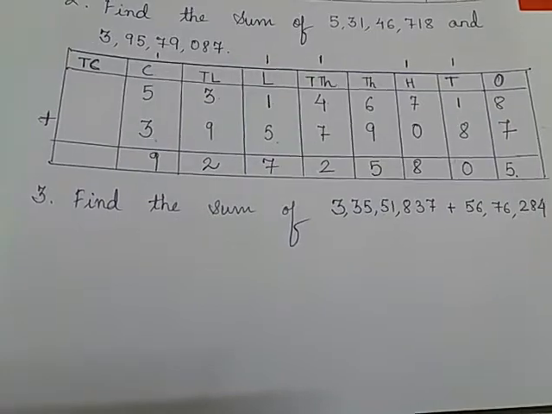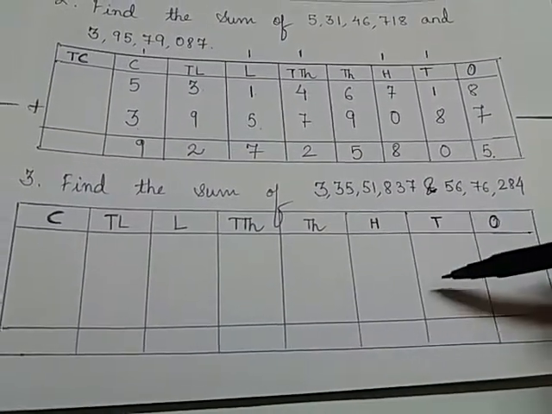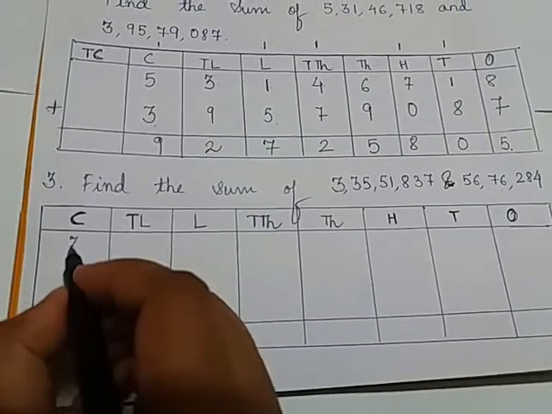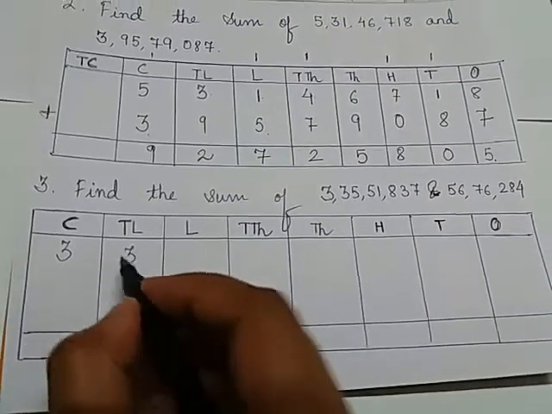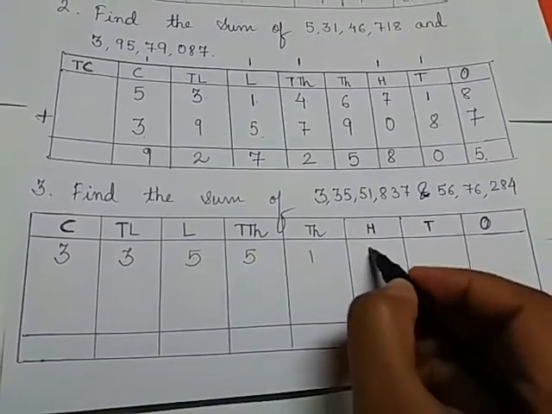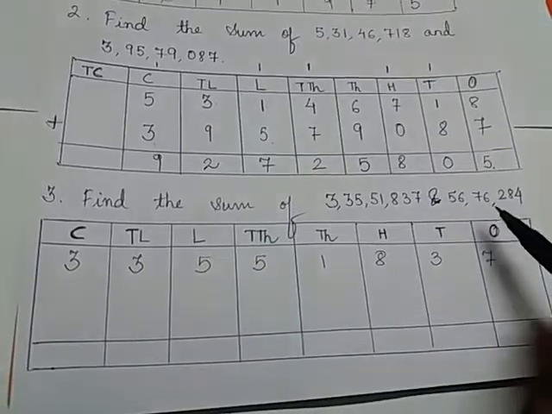So let's begin. So children, here we are ready with our place value chart. Now one by one we will fill up these digits here. This is 3 crore 35 lakhs 51,837.